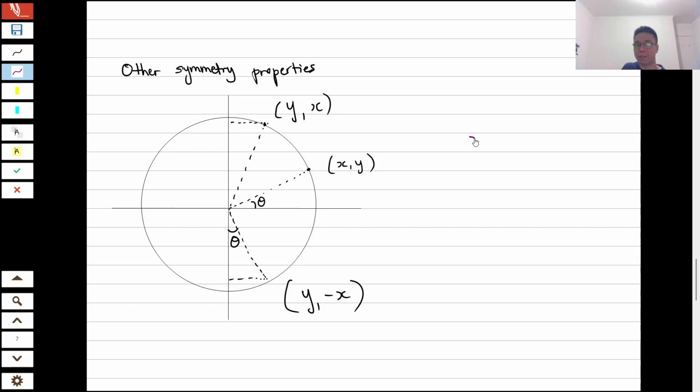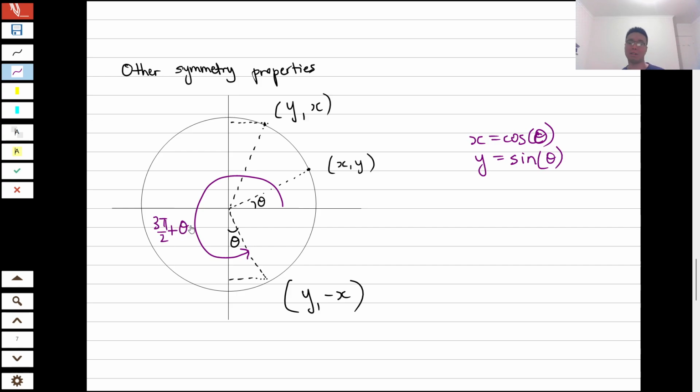And so if I define x equals cos theta and y equals sine theta, I can now consider this angle, which is 3 pi on 2 plus another theta radians.